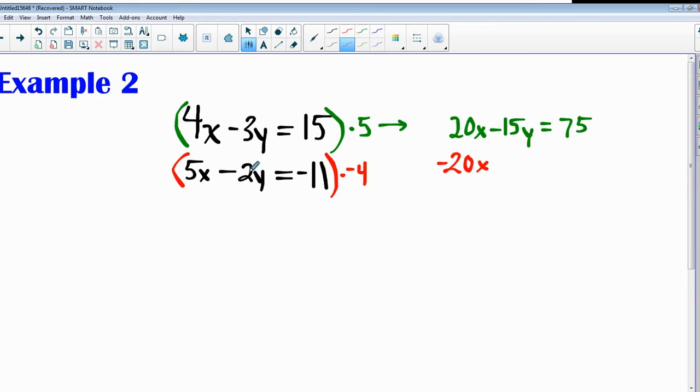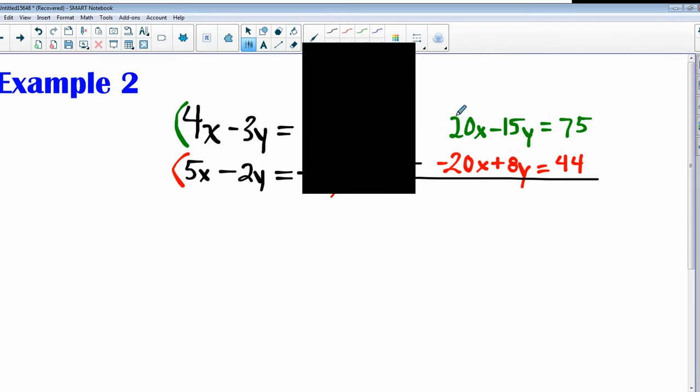Now be careful here. -4 times -2 is +8y. And then -4 times -11 is 44. All right, so we got a little bit bigger numbers, but that's no problem. We can handle this. Add this to cancel those 20s.